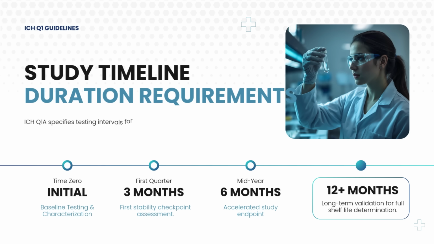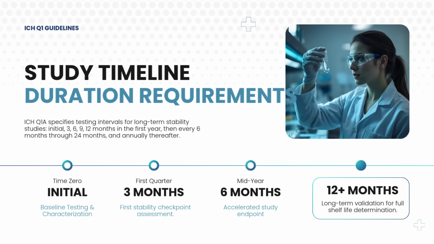So, when discussing the timeline for stability testing, it's crucial to understand that establishing a comprehensive schedule is key to ensuring drug safety and efficacy over time. So, according to the ICH Q1A guidelines, we need to follow specific testing intervals. Let's start with the first year.